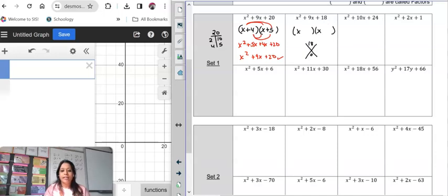So 18 and 9. Well, 9 times 2 is 18, but 9 plus 2 is 11. That ain't going to work. How about 6 and 3? 6 times 3 is 18, and 6 plus 3 is 9. So that works. So 6 and 3. So we can say that x plus 6 is a factor, and x plus 3 is also a factor.